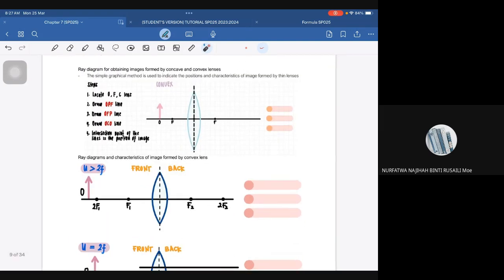So untuk ray diagram for lenses, sekejap I need to open up the answer scheme. My old notes. Saya dapat. This is chapter 7. Lenses. Okay.